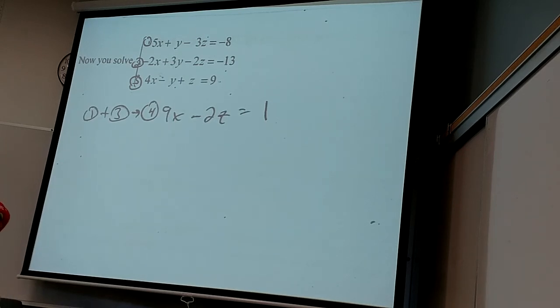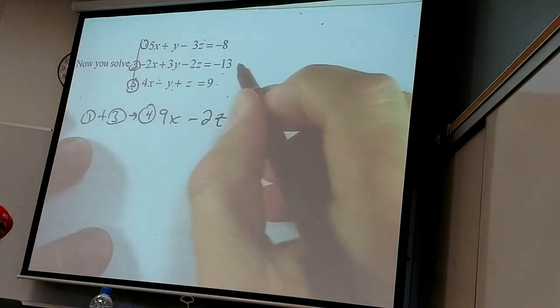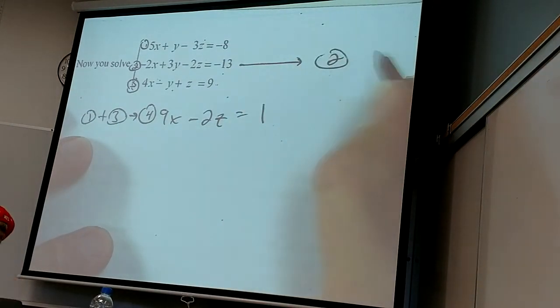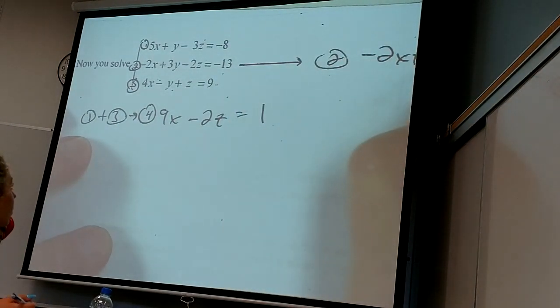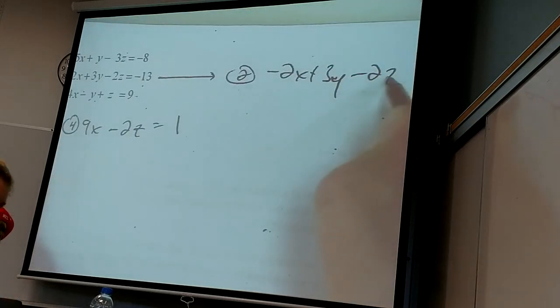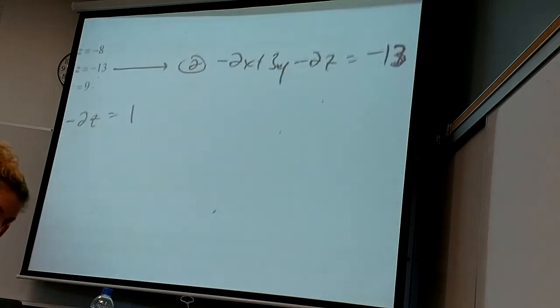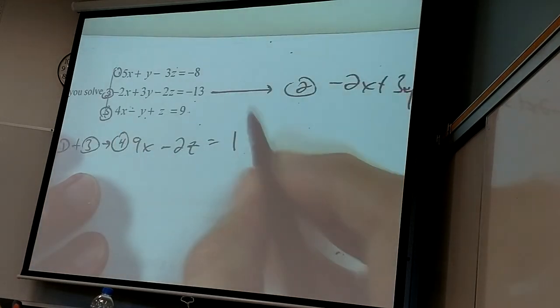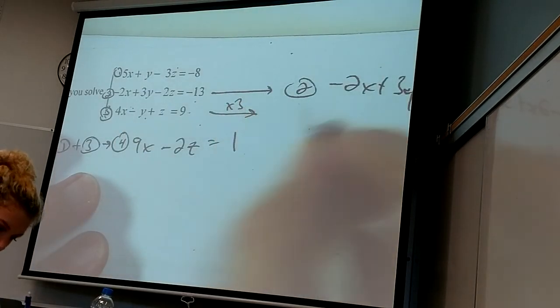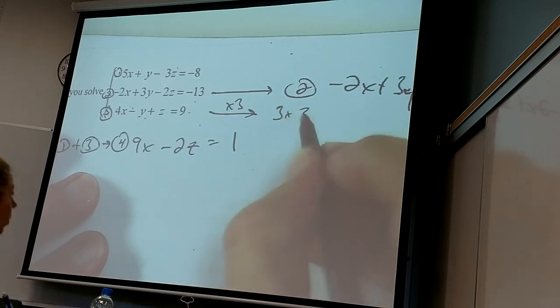So if we do take, let me see. So I'm going to rewrite this one. Become a 3. And then I'm going to take this one and multiply by 3. 3 times 3.